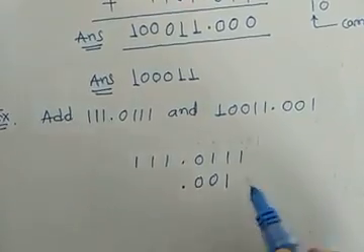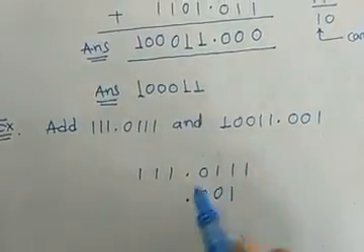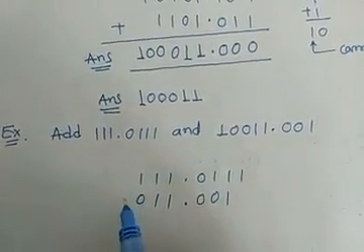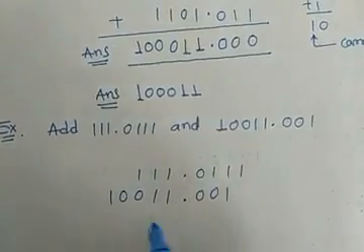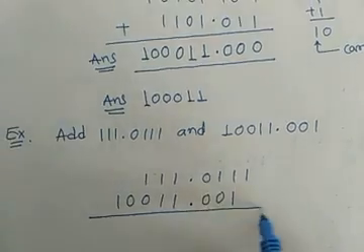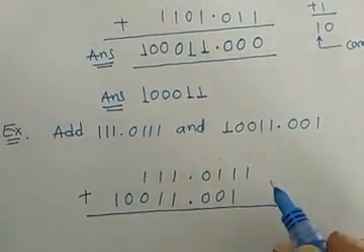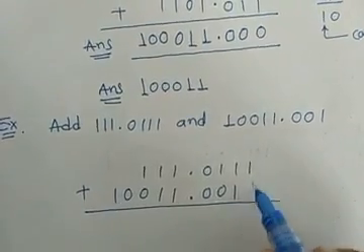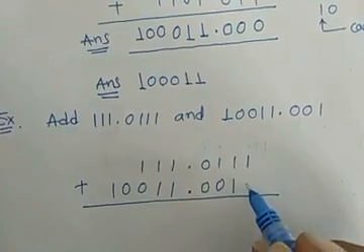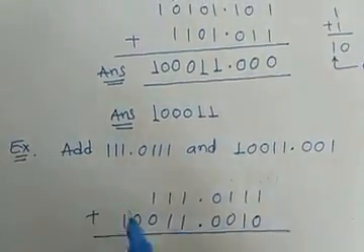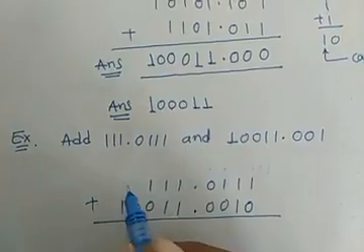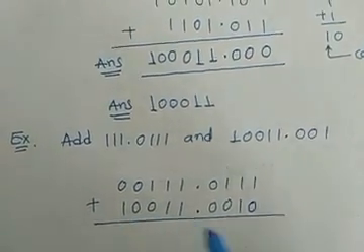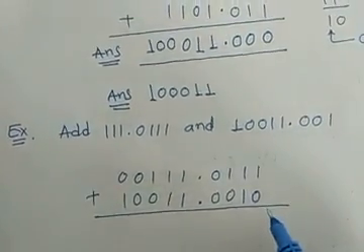Okay, and to the left the numbers are 10011. Okay, when we are doing addition, below this number there is no bit, so we can write here 0, and here also we can write 0 0. Okay, so do addition of these numbers now.